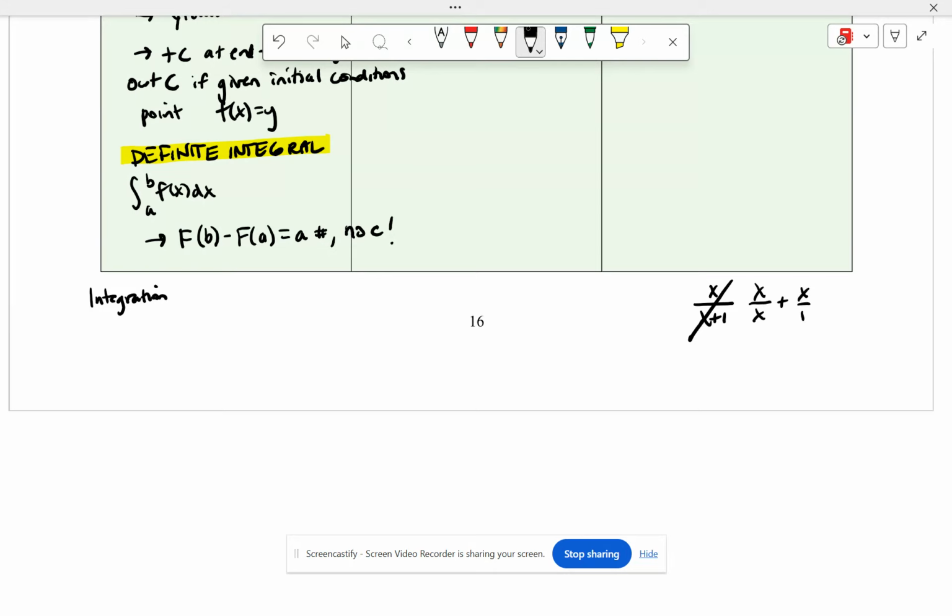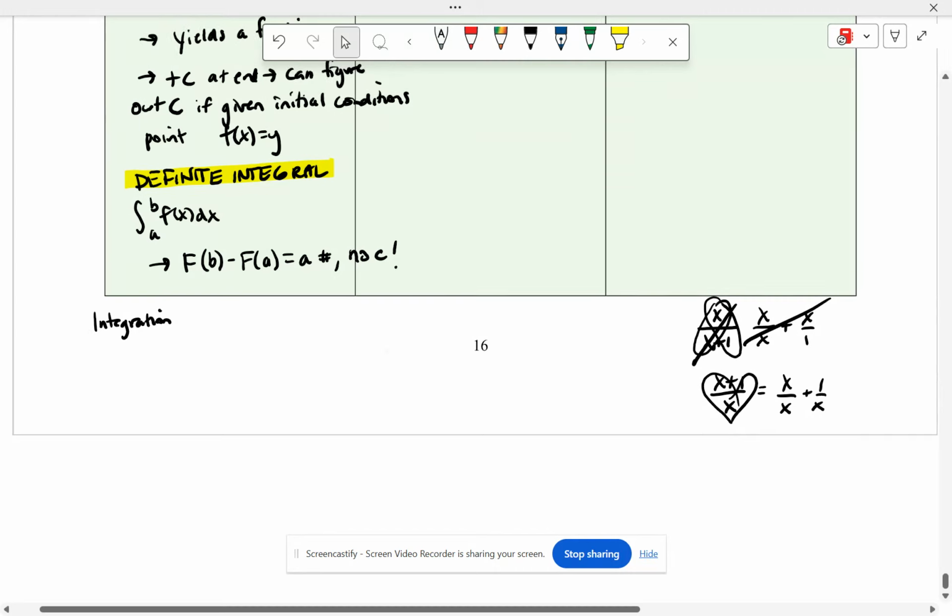I cannot do that. But I can break up something that looks like this. X over x plus 1 over x. That's totally fine, okay? And the way you can remember is you can make a heart, but you can't make a fart. So can't do that, but you can make a heart, okay?